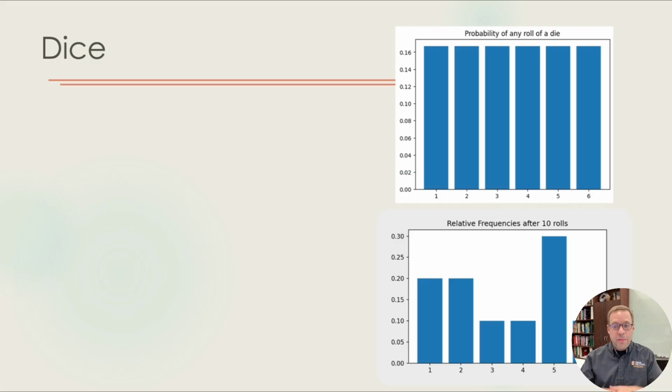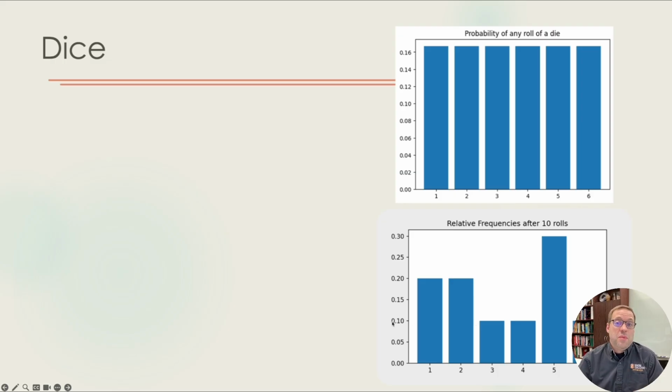Okay, now on the bottom, I have the relative frequencies after 10 rolls. And I did this with a computer simulator, so the numbers are slightly different than what I had. But it looks like I rolled a 6 one time out of 10 rolls in the simulator. Okay, so 1 out of 10, that would be 10% or 0.10. That's where my 6 is right here.